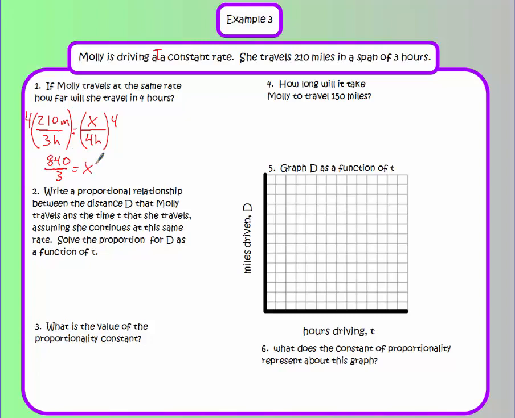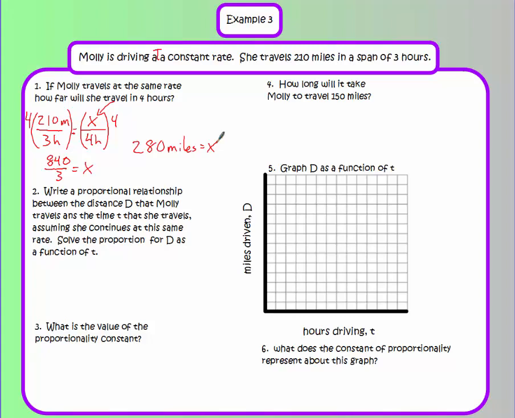And when I divide 840 by 3, I get, let's see, 840 divided by 3 is 280. So 280, and what were we looking for? This is miles, equals x. So 280 miles in 4 hours. That's what she would do.